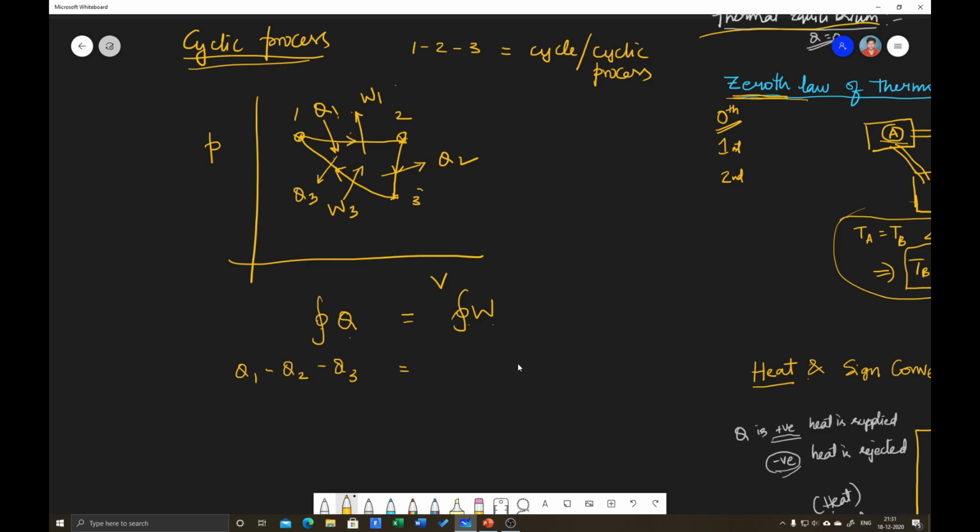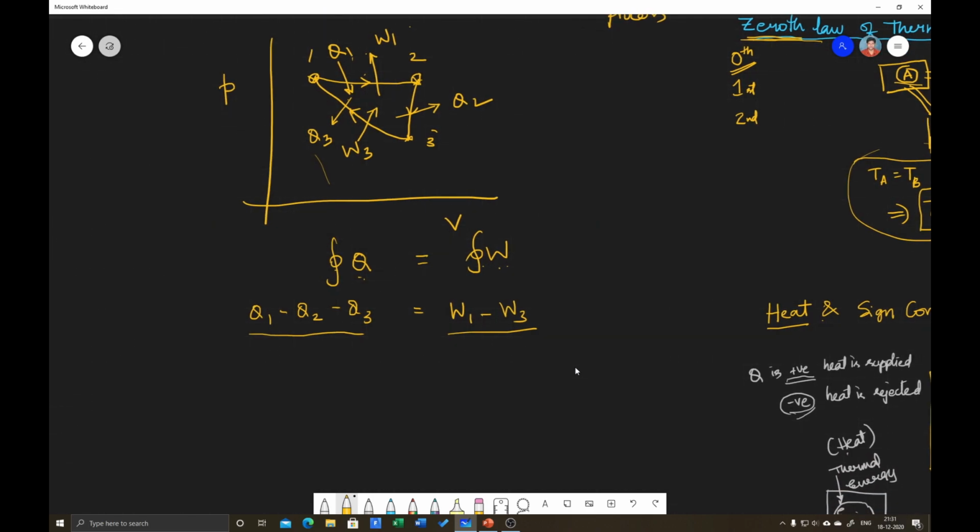Whereas for work, W1 is getting out of the system, it is positive, and W3 is into the system, that is negative. So cyclic integral of Q means summation of these including sign convention. This should be the same for a cycle. That is what the first law of thermodynamics for a cyclic process states: cyclic integral of Q equal to cyclic integral of W.